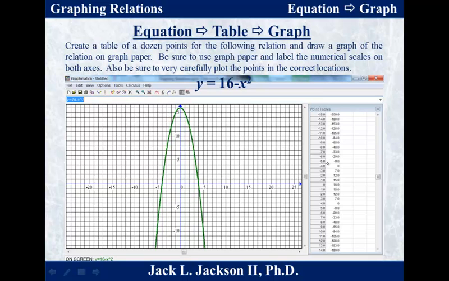And then we want to get some of these others. So maybe you can see negative 5, negative 9, negative 4, 0, negative 3, 7, negative 2, 12, and negative 1, 15, 0, 16, 1, 15, 2, 12, 3, 7, 4, 0, 5, negative 9. You can see all those points actually here. Some of these others like negative 14, negative 180, they're part of this graph, but they're off of this particular window.